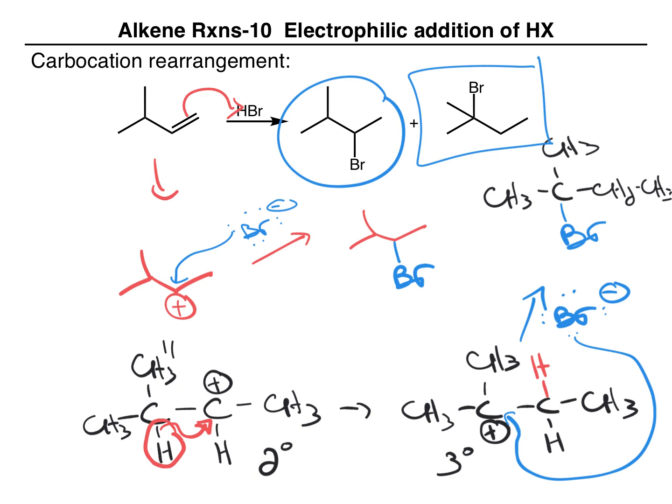So this experimental evidence is consistent with the proposed mechanism. It supports the proposed mechanism. So the different experimental data that we mentioned are all consistent with the proposed mechanism. So although we can't prove that mechanism, it is widely accepted for most types of electrophilic addition reactions.